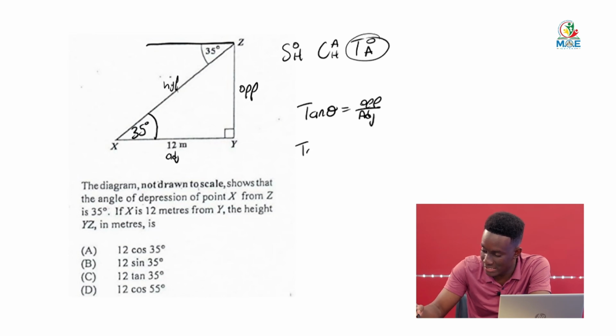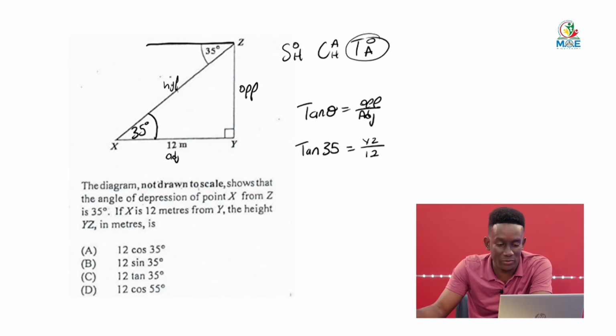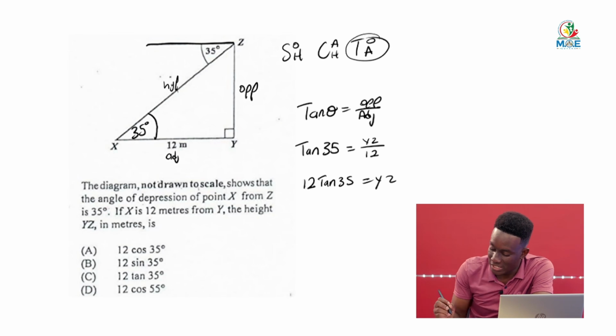Tan 35 is equal to the opposite, YZ, over the adjacent, which is 12. To solve for YZ, we take the 12 over and multiply. We have 12 multiplied by tan 35 is equal to YZ. So the answer here is 12 tan 35, which is C.